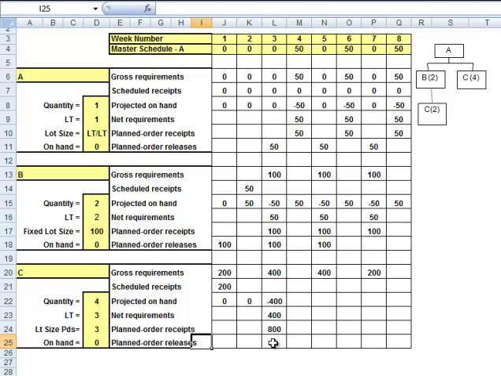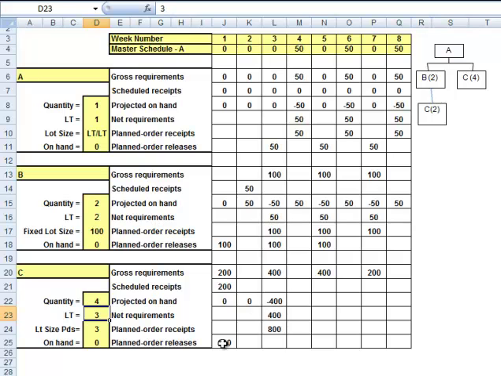So the way MRP is going to deal with this is to ask what is the first feasible time period that I could, in fact, begin this. The first feasible time period is time period 1, which is today. So it's going to plan those 800 to be started in time period 1. But I need to honor my lead time.